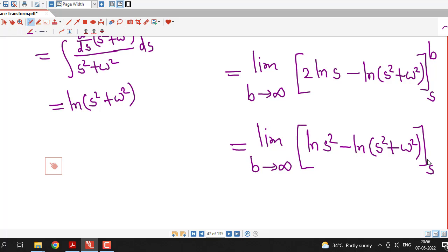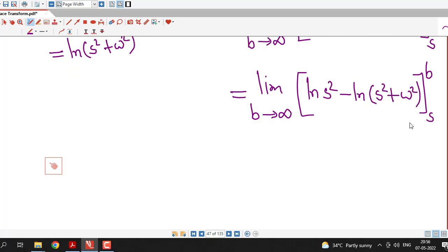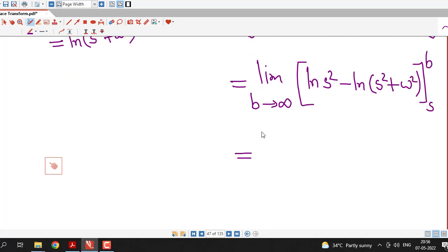Limits are from s to b. Again, using the property of logarithm, we can rewrite this bracket as log of s square divided by s square plus omega square.